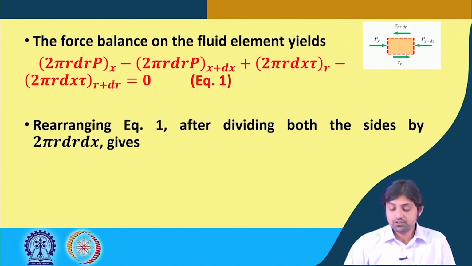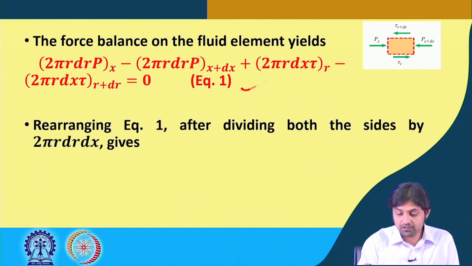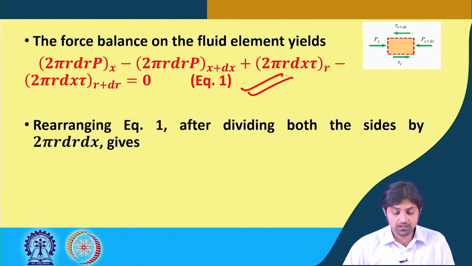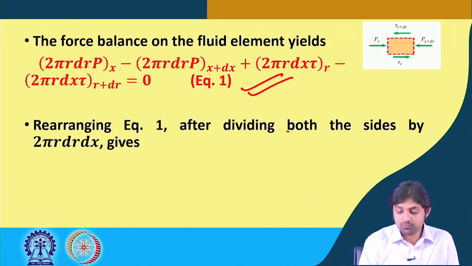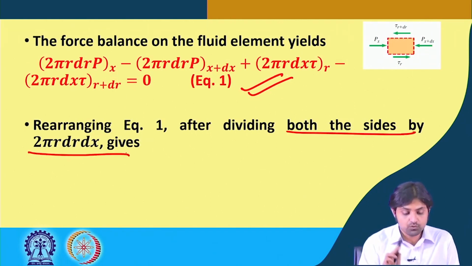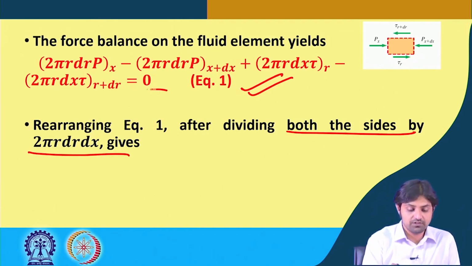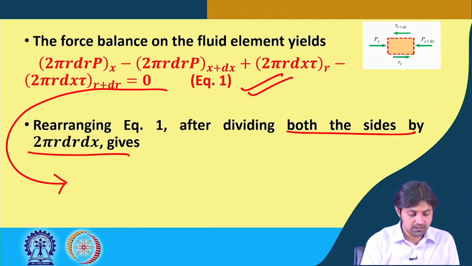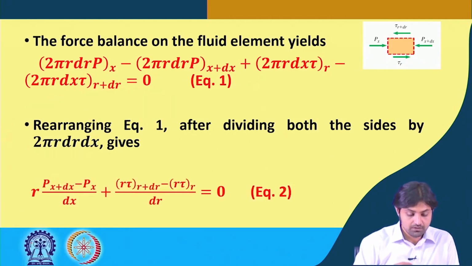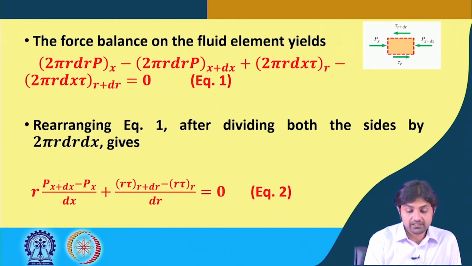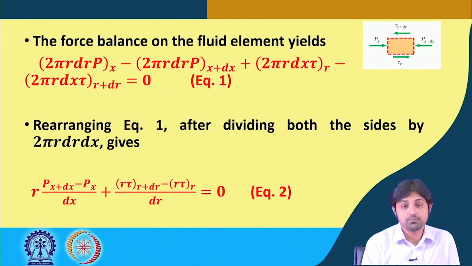Location. So now if we rearrange this equation, equation 1, and we divide both sides by 2 pi r dr dx, this equation will come out to be r times P at x plus dx minus P at x by dx, because 2 pi r dr will be cancelled from here and here.